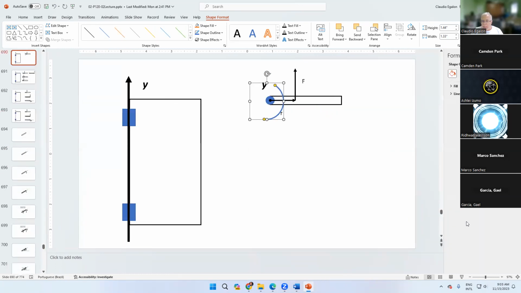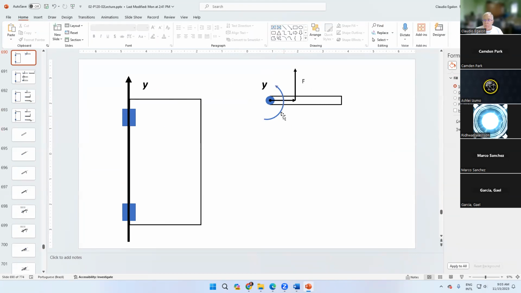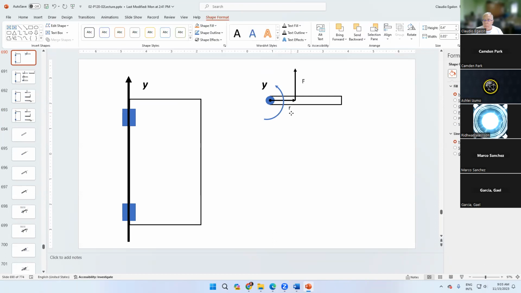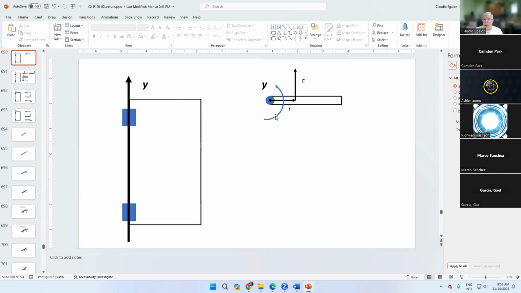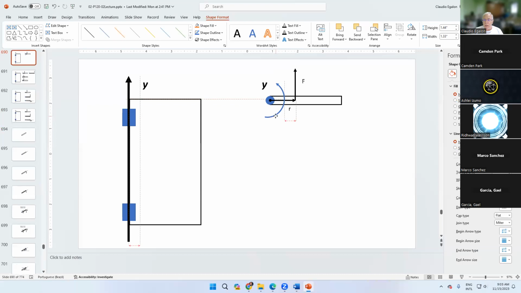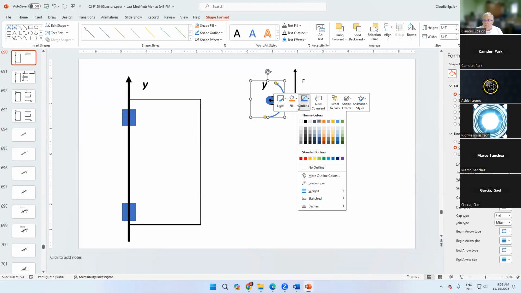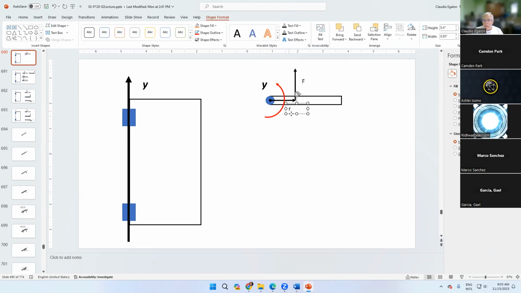Format shape, we need the, yeah, right in here. This one will be my R. And again, I'm going to just use different colors so you can identify them.